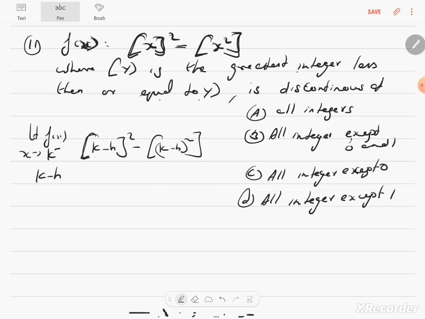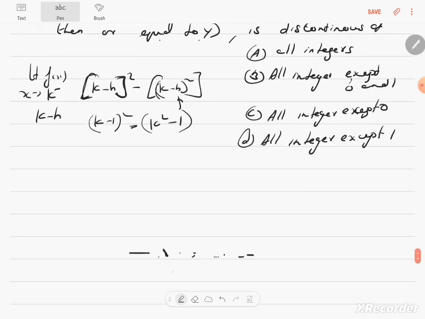When the greatest integer function of k minus h is approaching k from the left, it will be k minus 1 the whole square, minus, this is also k minus h but here h can be 0, so it will be k square, and the greatest integer of k square is k square minus 1.